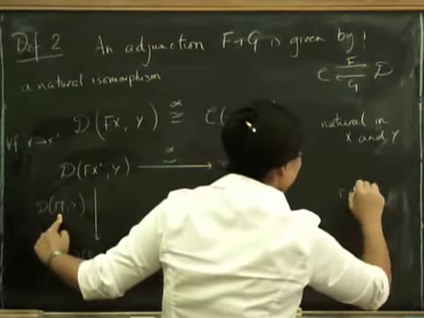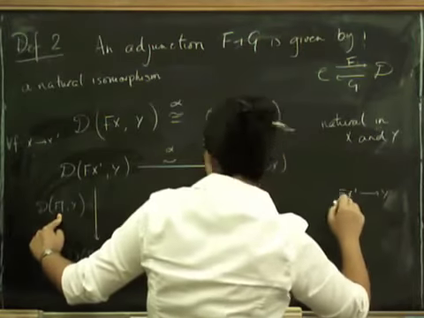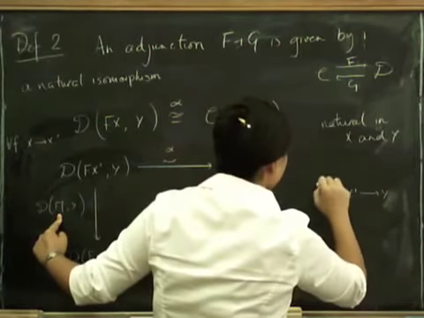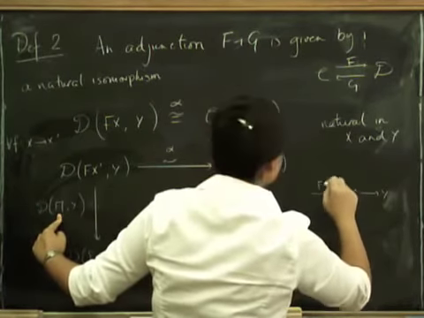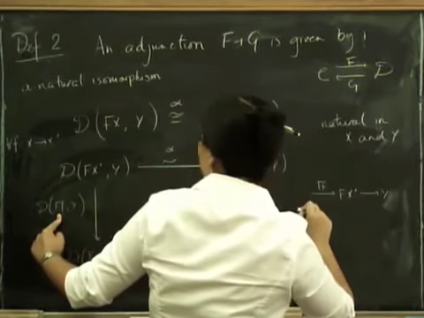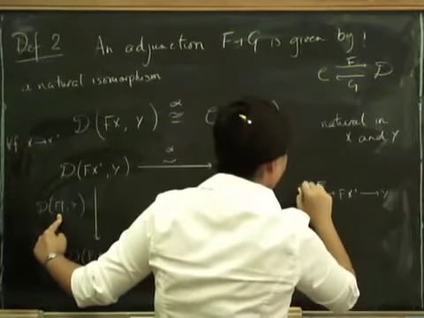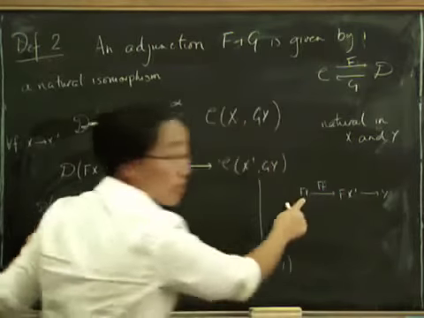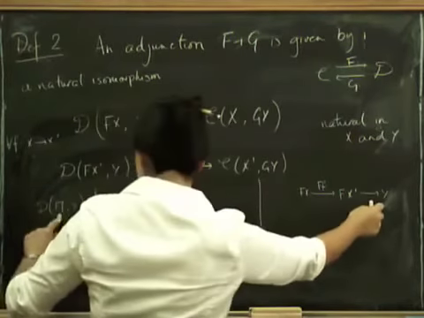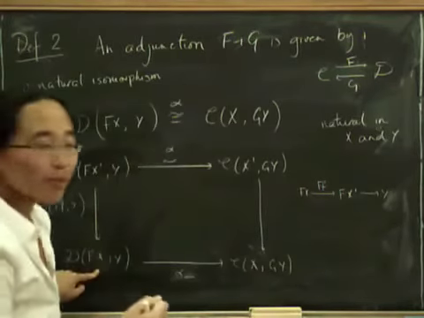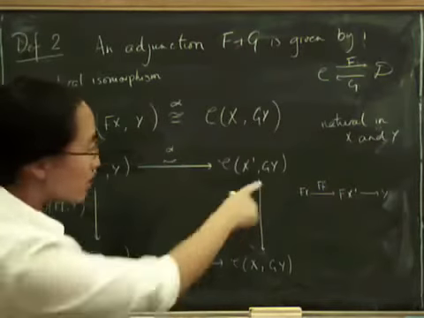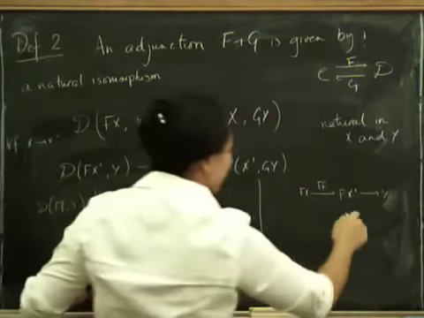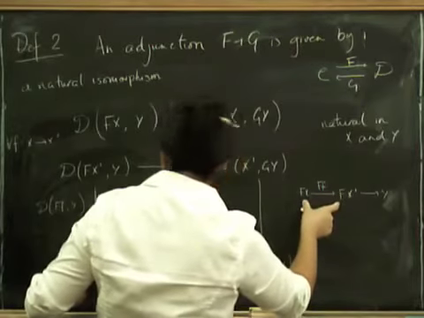We're starting with a morphism from f of x prime to y, and we're going to use f of f, which goes from f of x to f of x prime, and so we're producing a morphism from f of x to y. Hooray! We landed in the right place. You never quite know unless you write it out if you're going to land in the right place. And so what we've done here is we've pre-composed by f of f.